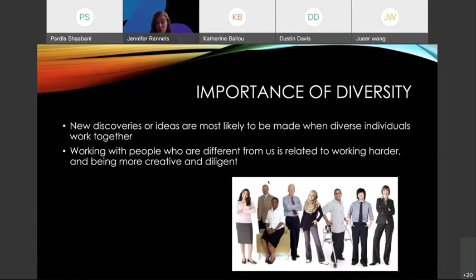But the data show that it can change the way you think and lead to new discoveries and breakthrough innovations. And so these innovations can occur not only because people with different backgrounds bring new information, but it's also because when we interact with individuals who are different, it forces group members to prepare better.